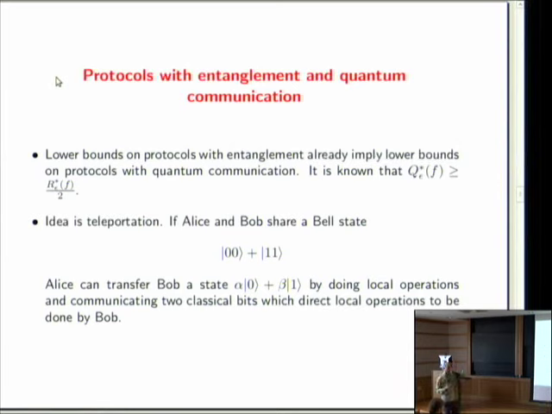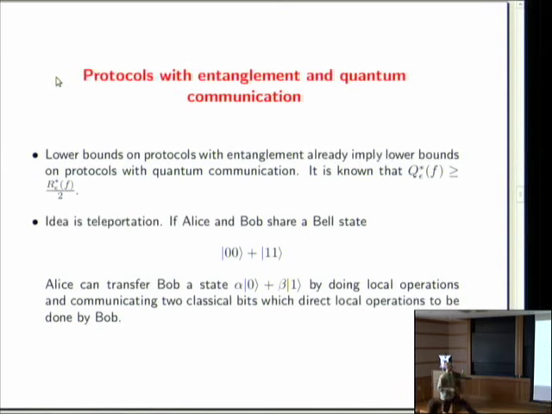And the idea here is teleportation. If Alice and Bob share a state of this form, which is called a Bell state, and Alice wants to send Bob a message alpha 0 plus beta 1, she can do this by doing local unitaries on her side, and then sending Bob 2 classical bits of information which direct him to do specified local operations on his side.